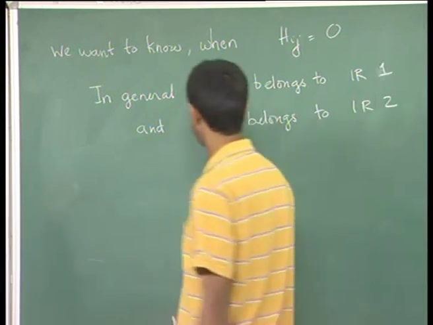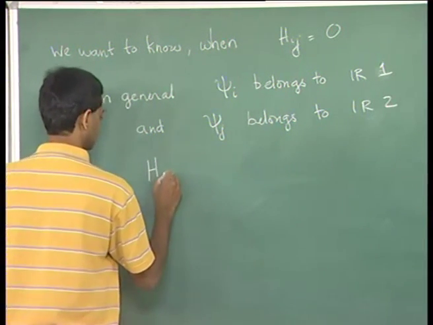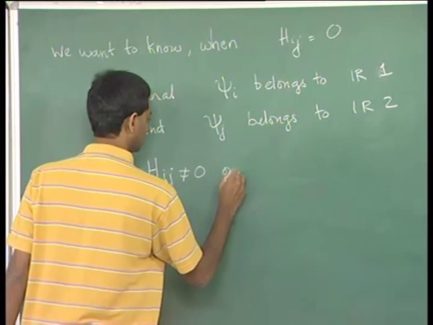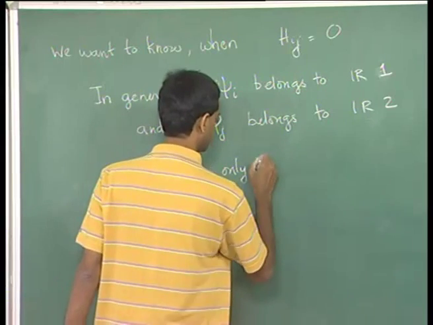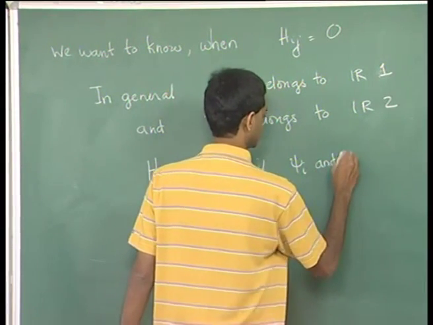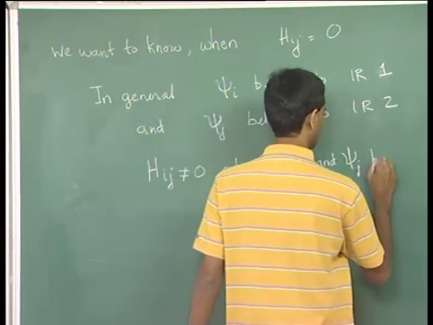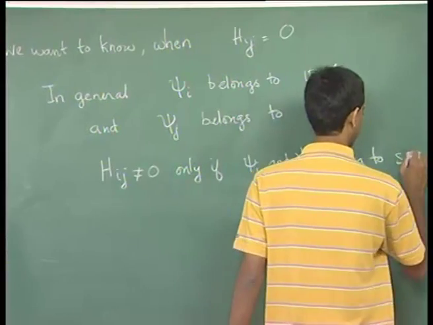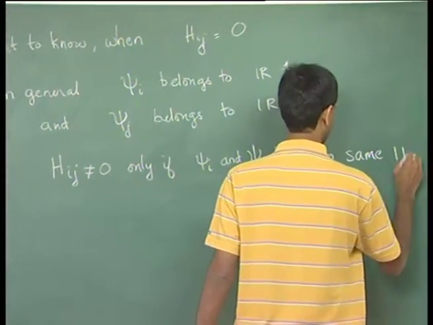Now, Hij is not equal to 0 only if psi i and psi j belong to the same irreducible representation.